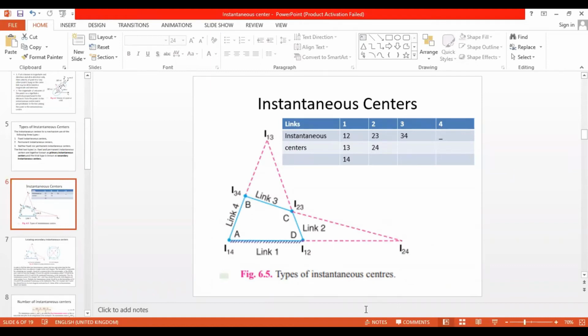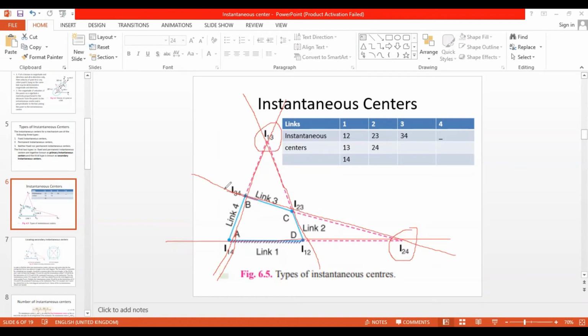Projection means we can project this line like this, and we can project this line also. Once you project every line, you will see the lines meet at another 2 points.